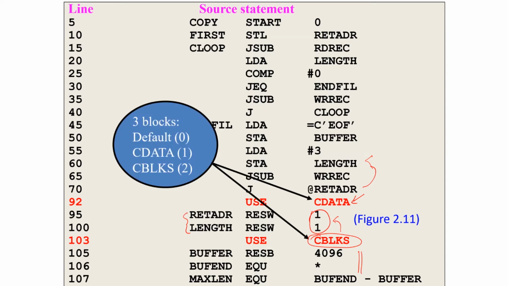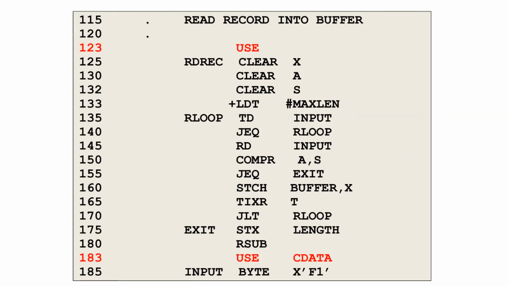So this is the C data block, the C blocks, and if it is not specified, then it is called the default block. If you don't have anything, then it is the default block. If it is specified, then it is the C data block, and also the C blocks.